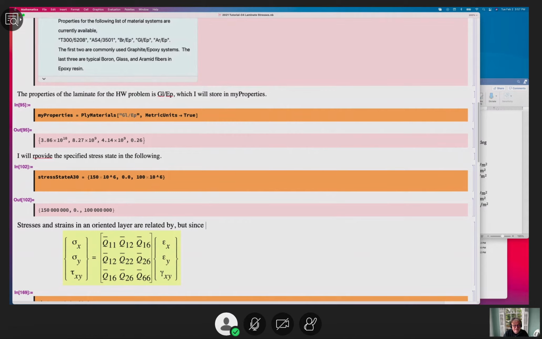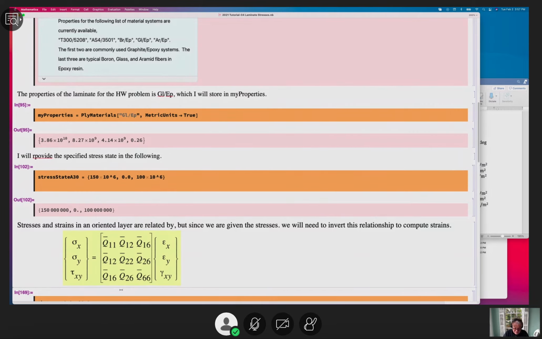But since we are given the stresses, we will need to invert this relationship to compute strains.